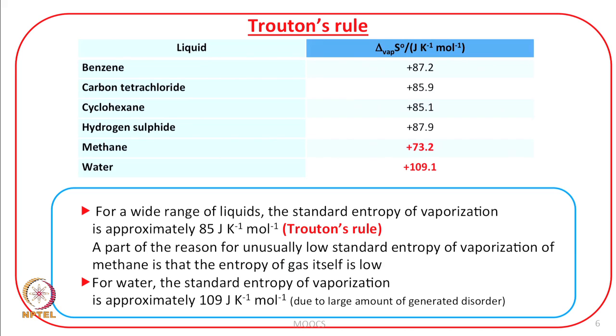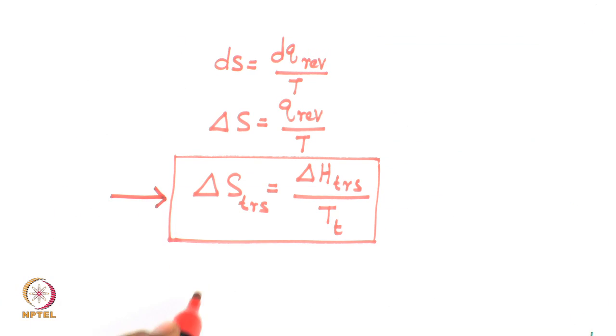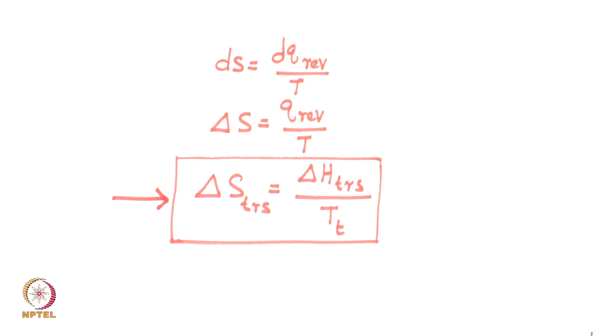The entropy change for phase transition is very important, not only in discussing the phase changes in solid, liquid, vapor, etc. The phase change can be within the solids also.